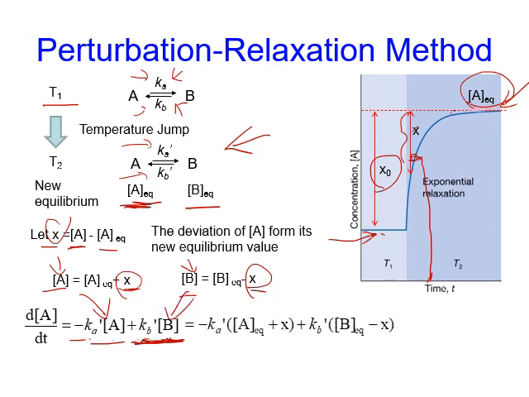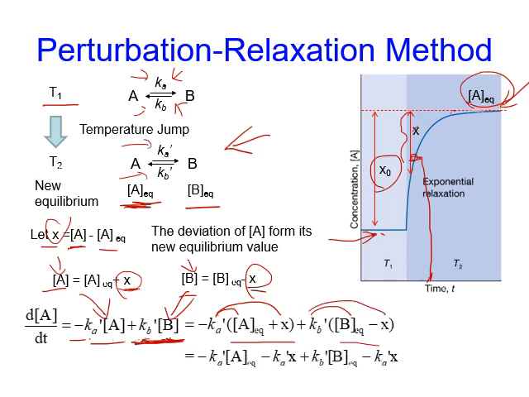So this is the A, this is the B. Then we expand this equation: Ka prime times A equilibrium, Ka prime times x, same thing here, and then we have this equation.